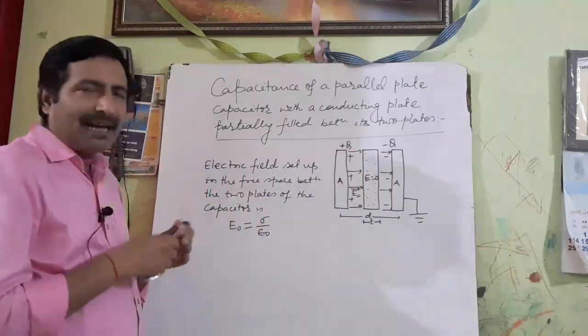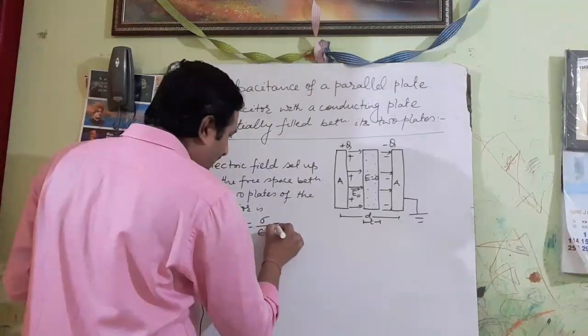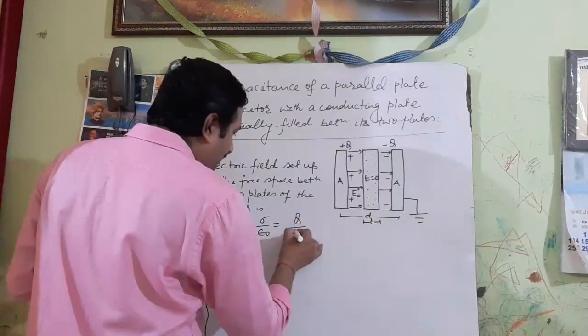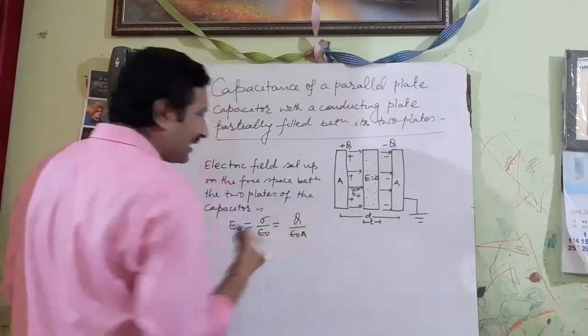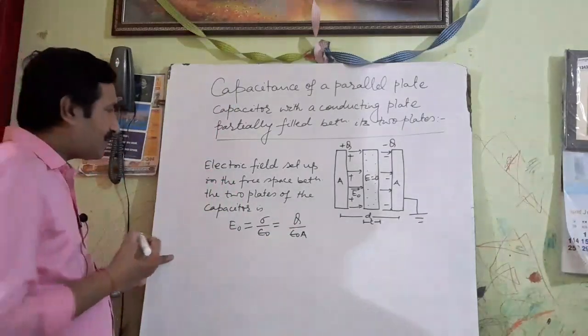You know sigma is Q by A. So this is Q by epsilon naught A. This is the electric field set up in the free space.